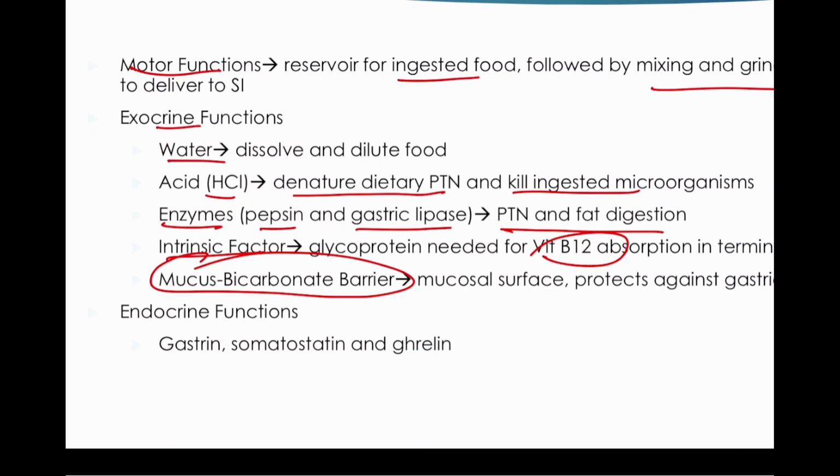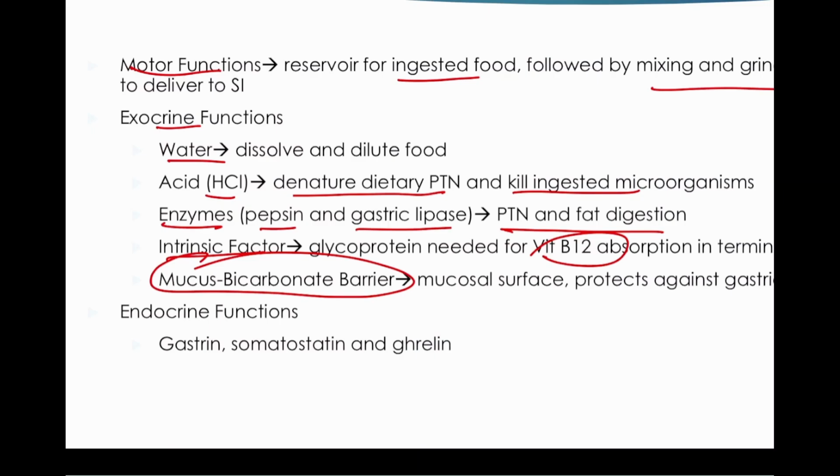This is acid. And I mentioned before when we first started talking about this unit, there are certain cell types which are resistant to acid. They're in the stomach to prevent you from digesting yourself. The important one is this mucus bicarb barrier. Mucus provides a thicker area for diffusion and protects the layer.